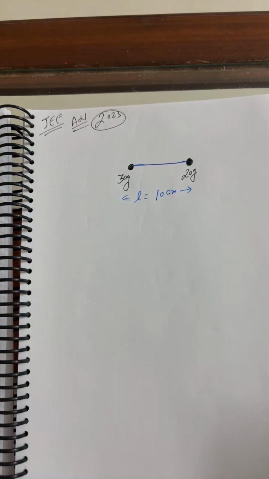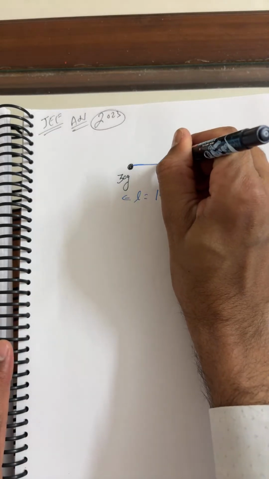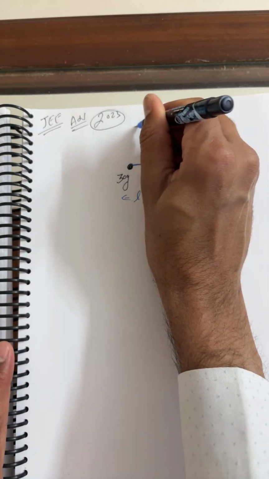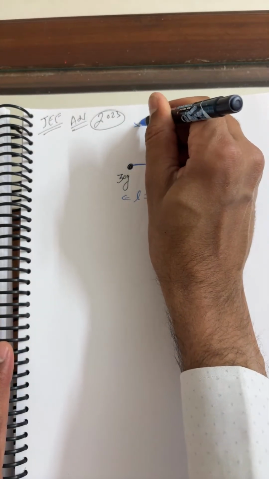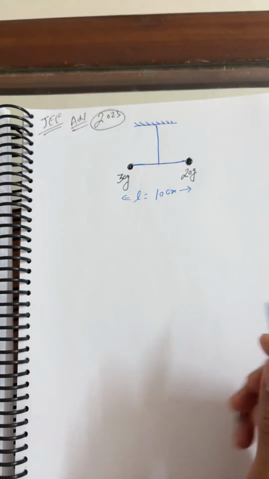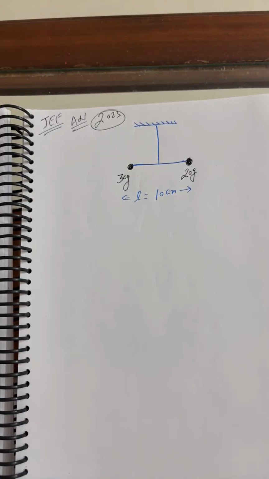The system is suspended vertically from a rigid ceiling using a thin wire. So this is rigid, finally, from the ceiling.